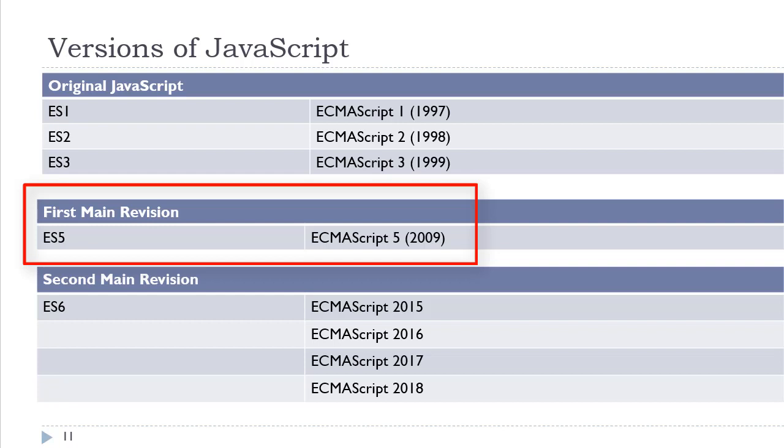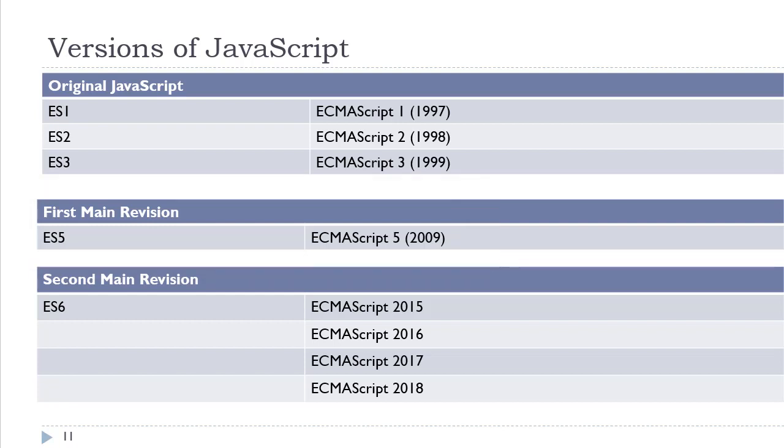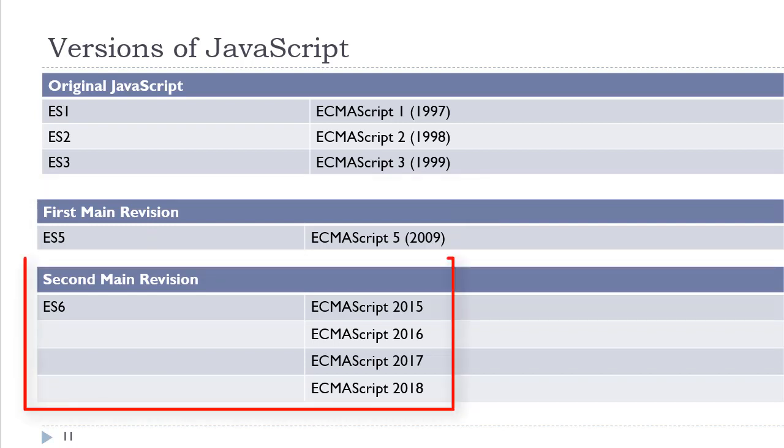And this is where we see a lot of new features that deviated from the original or traditional JavaScript language. The second main revision came in 2015 with ES6. At that point, ECMA International decided that we would not keep on renaming the versions, but the versions would be named based on the year in which the changes were introduced.